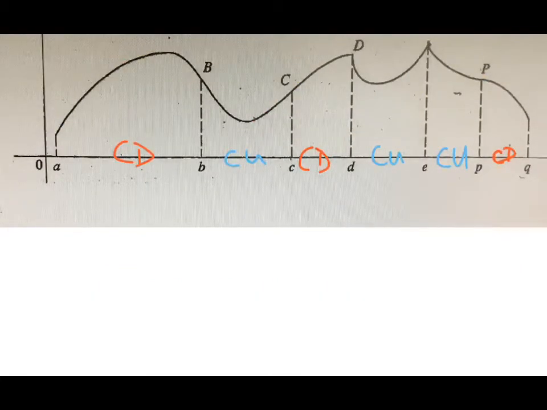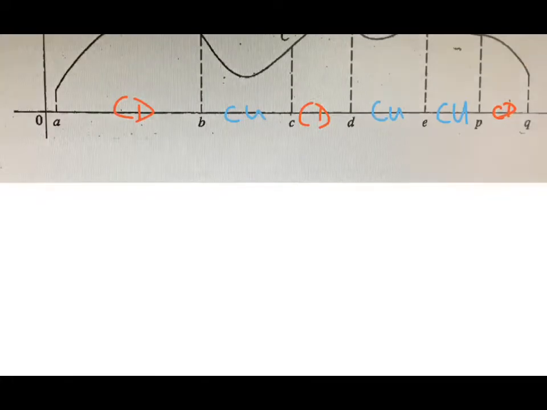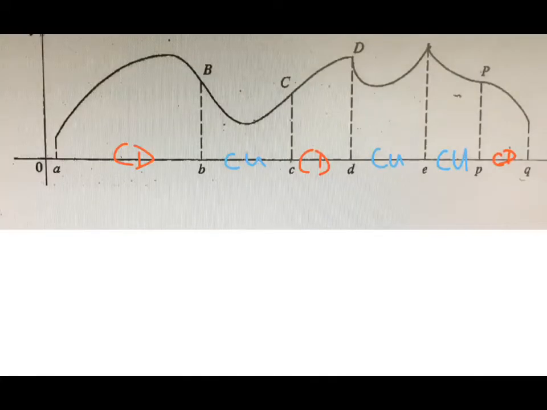Okay, the next thing I want to do is talk about the values of the slopes as you look at a concave down piece versus a concave up piece. All right, so if I start with my first concave down piece, I start out with positive slopes. What's happening to my slopes as I move through here?